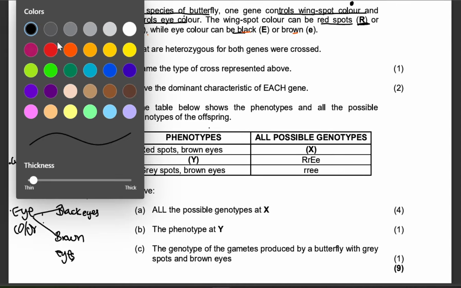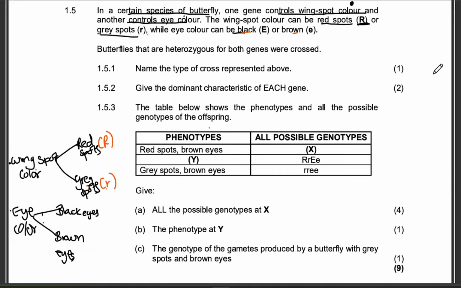Now, they've also given us a letter for the eye color, and they've said that black is dominant. How do we know? Here, capital letter E. So now the black eyes have received a capital letter E. That means the black eye gene is dominant over the brown eye one.